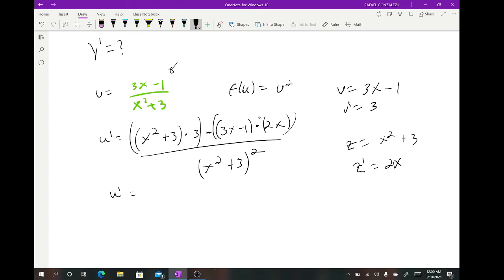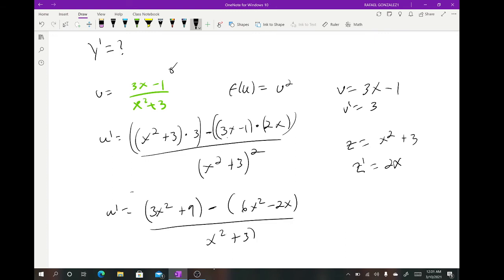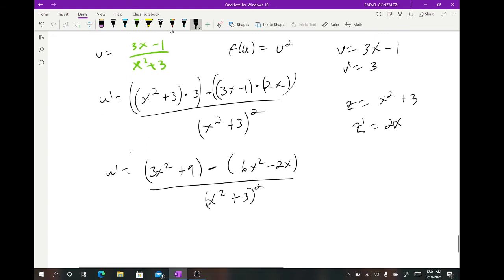But anyway, let's simplify a little bit. So we have x squared plus 3 times 3. I'll just FOIL that out. So u prime equals 3x squared plus 9 minus 6x squared minus 2x on the top, divided by x squared plus 3 squared.